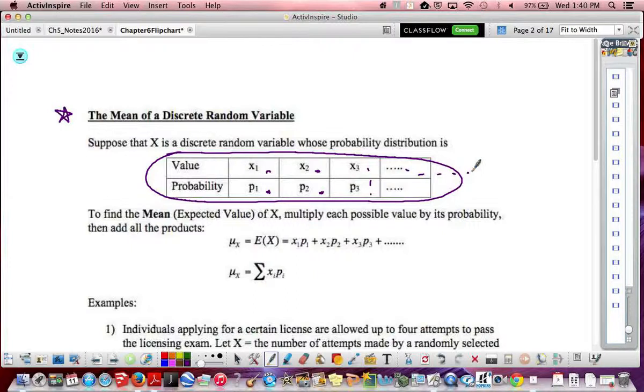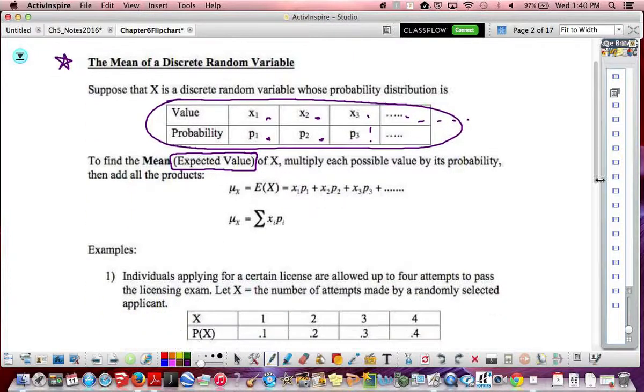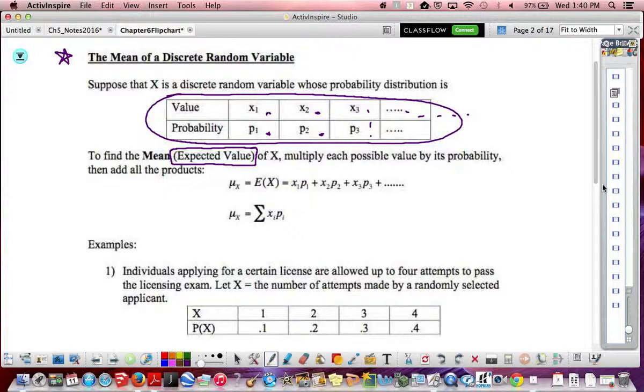So now, if I want to calculate out the mean, another term for the mean is the expected value. Sometimes you'll see me talk about expected value more often than the mean, but those two terms go hand in hand. All you have to do to calculate it is simply take each outcome and times it by its probability.